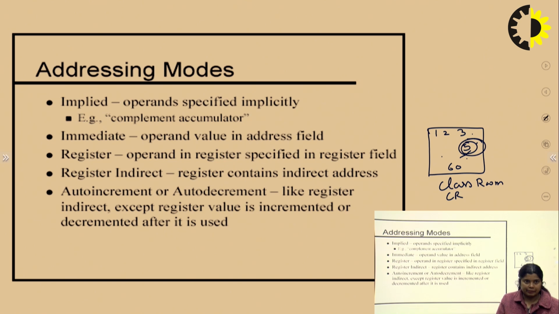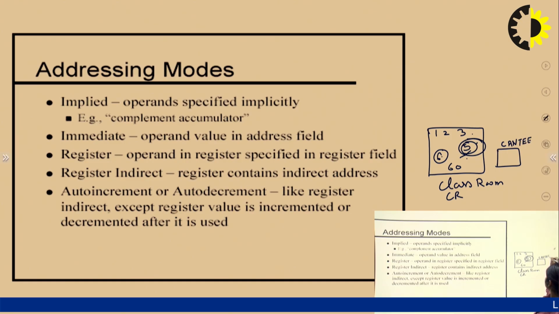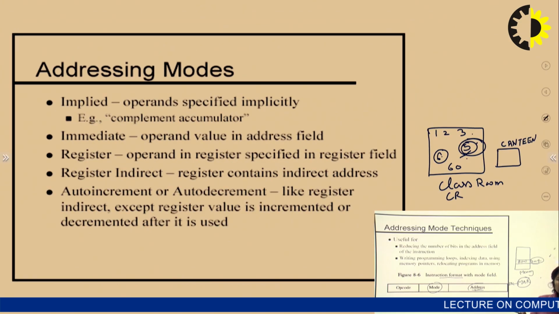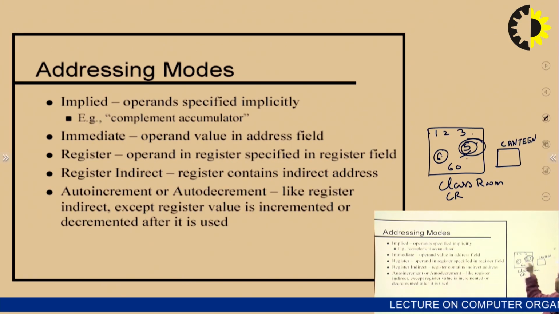I can get the student directly. Now suppose I want to search for roll number 6. This particular student is actually sitting in the canteen area. The canteen area is not the classroom, but the student should be in the classroom.